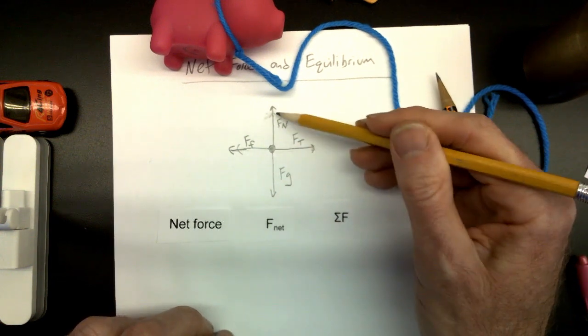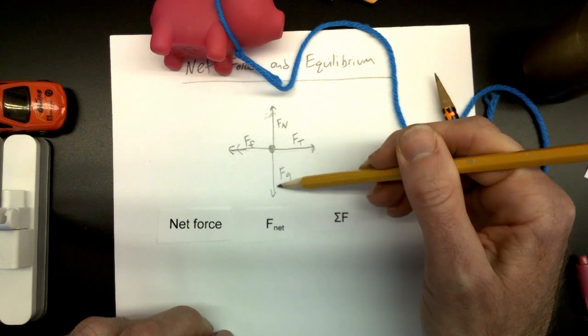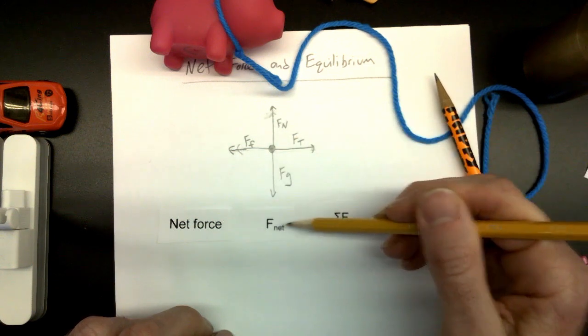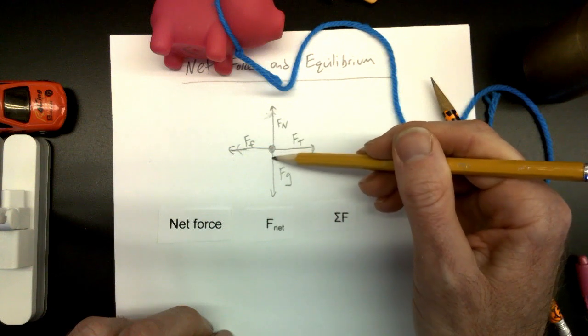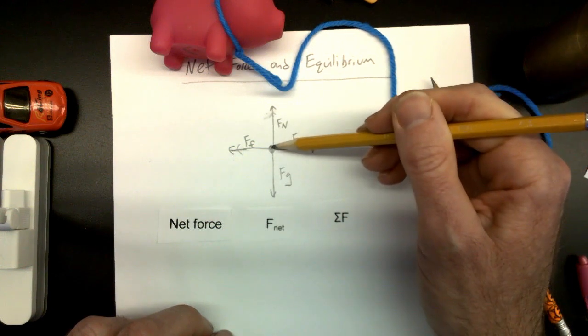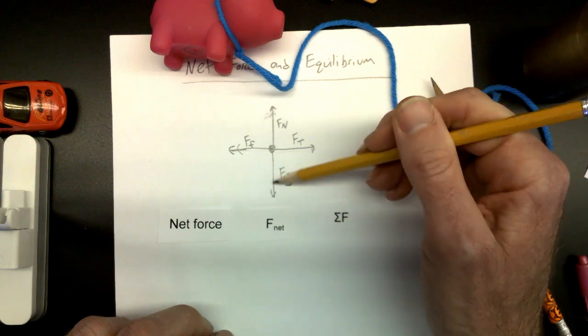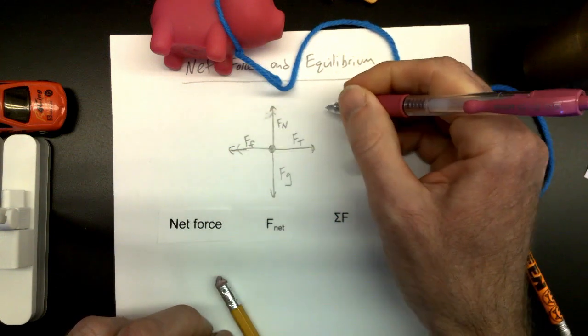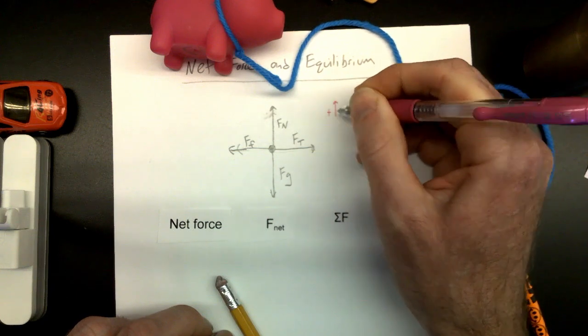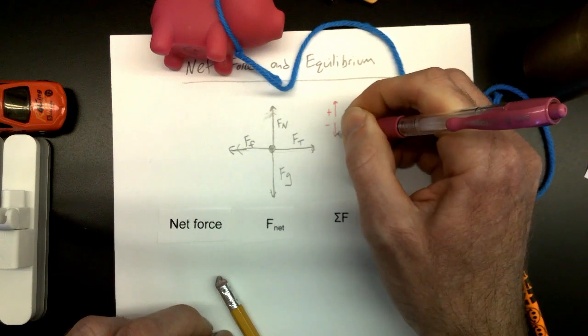Let's look in the up and down direction. If I'm looking for the net force in this up and down direction, I'm going to add up all the forces. Keeping in mind that when we have vectors, one thing that's going in one direction and one thing that's going in another direction, when we say we add them, it's really like subtracting them. So let's pick a direction as positive. Let's say positive is in the up direction and negative is in the down direction.